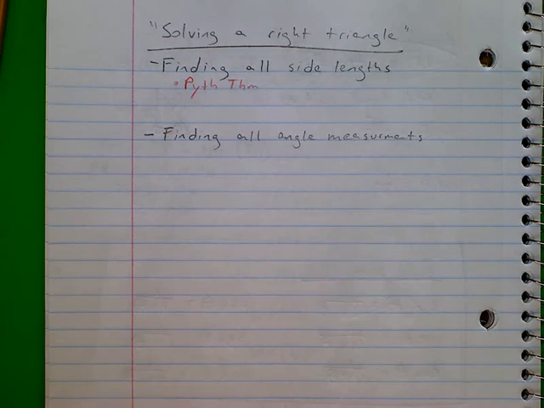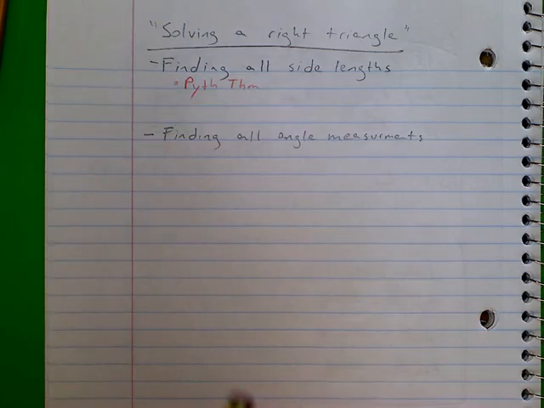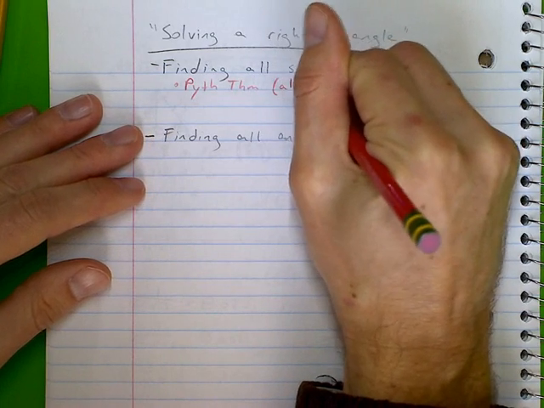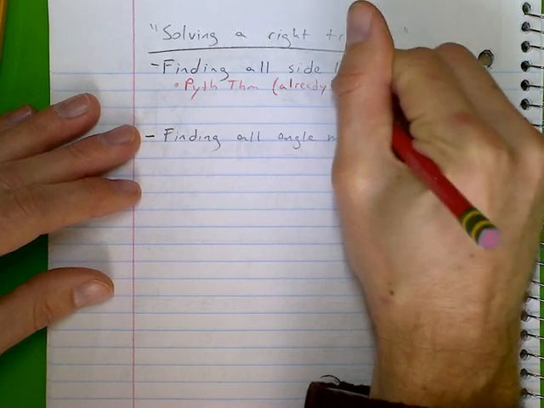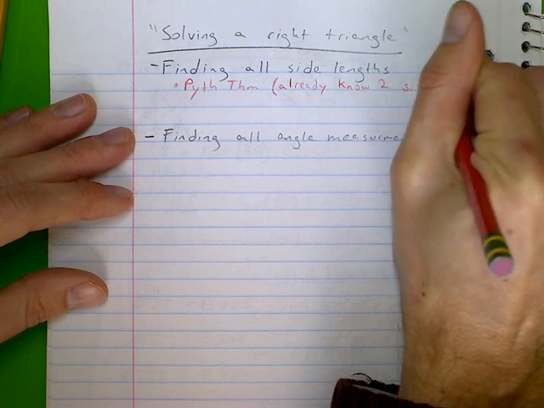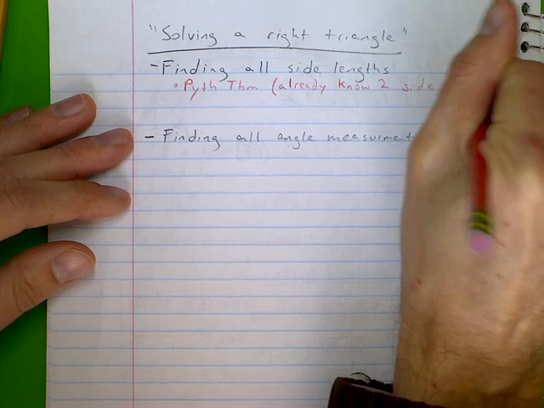Now, to be able to use the Pythagorean theorem, what information do we have to already know? Yeah, we have to already know two of the side lengths. And then you can find the third one. That won't always be the case.